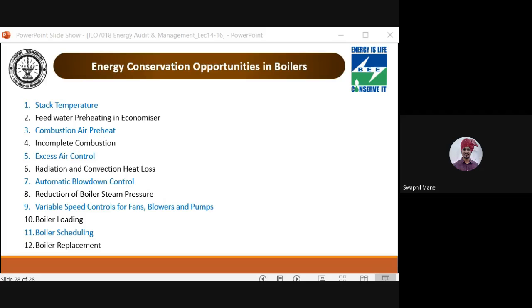The energy conservation opportunities in boiler are very important. Such kinds of questions are asked in the exam: what are the energy conservation opportunities in boiler. So one by one we will discuss. In addition to boiler efficiency performance, on how to improve the boiler performance, you will find a lot of literature available in the book that we are referring. I will circulate that literature with you also, so that you can go through it.